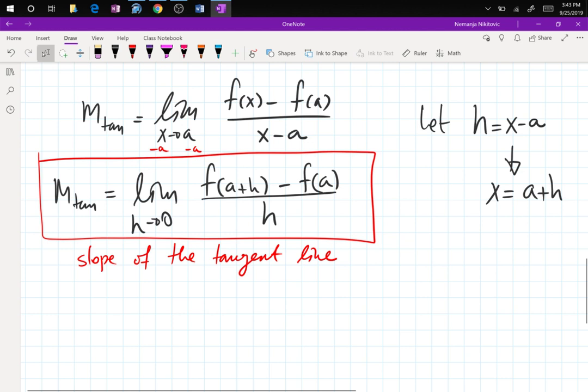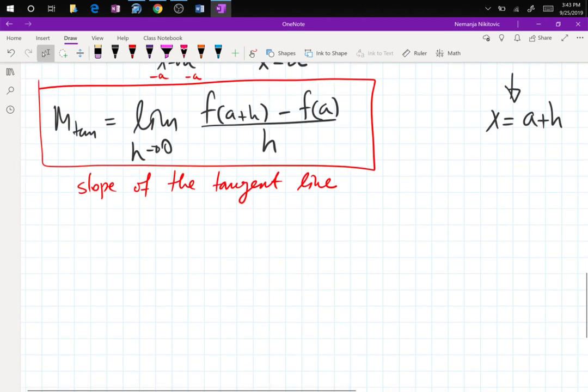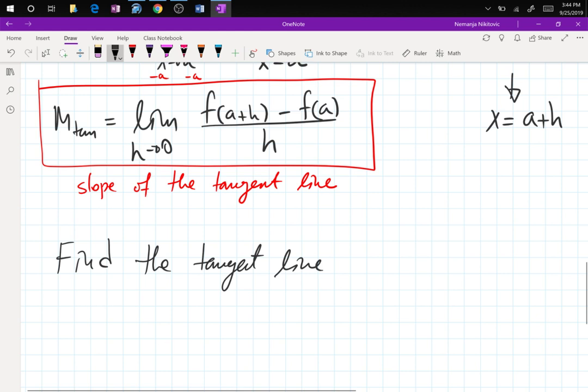So now let's see if we can use this to compute the tangent line. So let's say find the tangent line for f of x equals, let's say, 3x squared minus 6 at x equals 2.